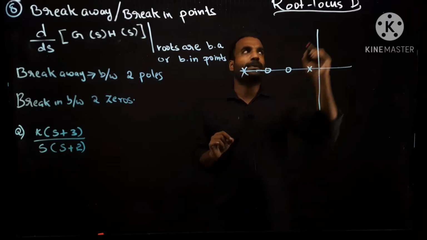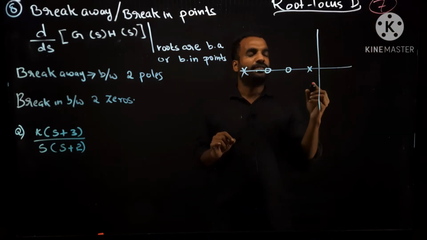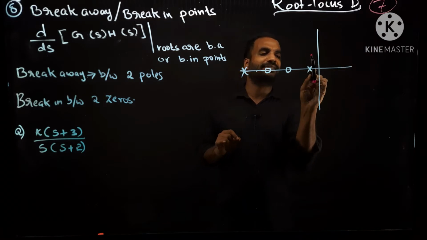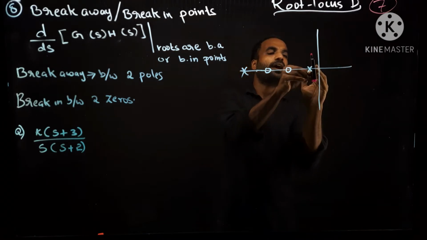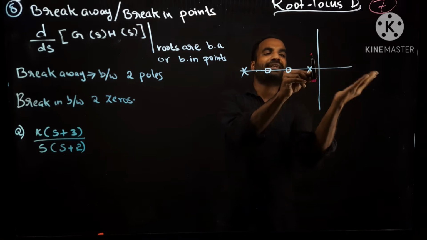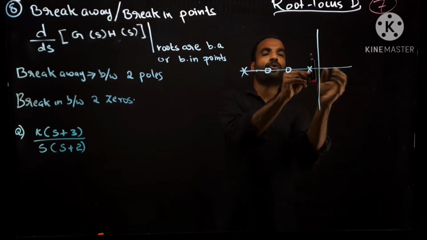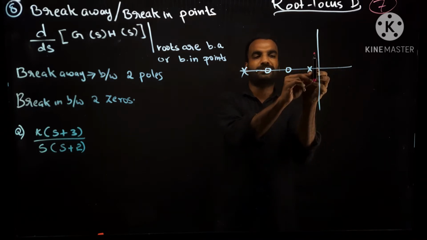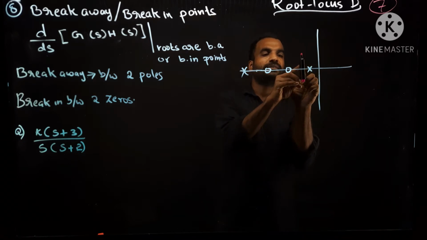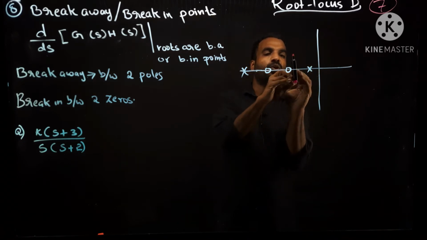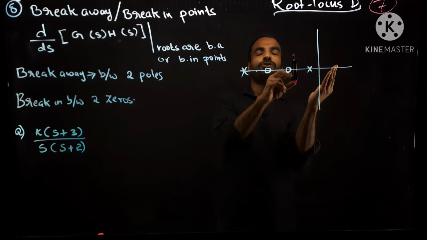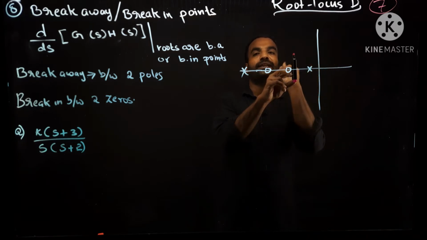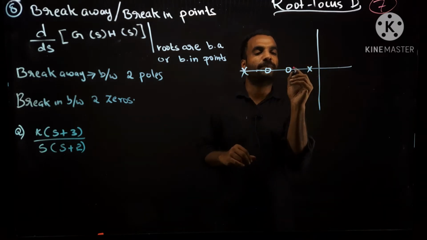For that, we have to apply rule number 7. Rule 7 says consider a section and check how many poles and zeros are on the right side. Here on the right side, no poles and zeros are there, so root locus will be present. Here, check on the right side, how many poles plus zeros are there? 1. 1 is an odd number, so root locus will be present here.